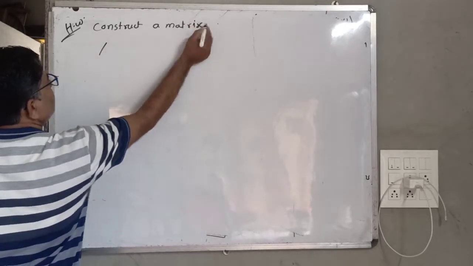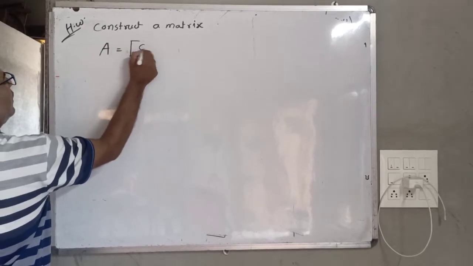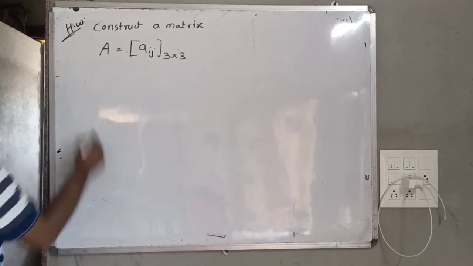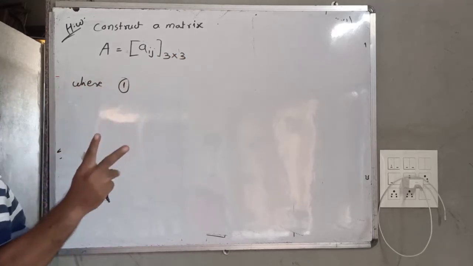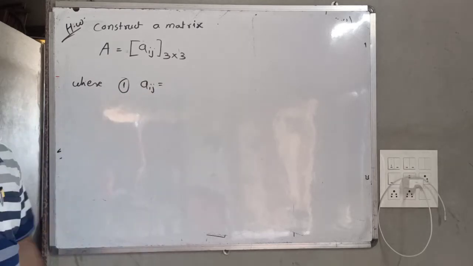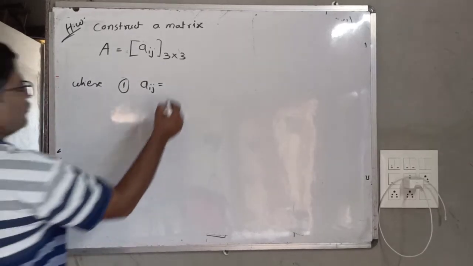Construct a matrix A equal to Aij, 3 by 3 matrix, where there will be two examples. The first example is Aij equal to (i plus 4j) divided by 2.